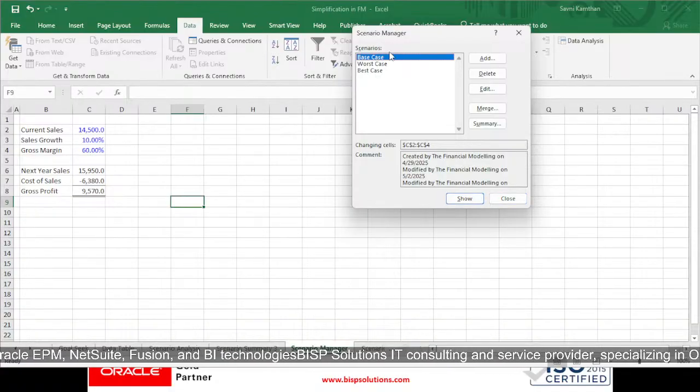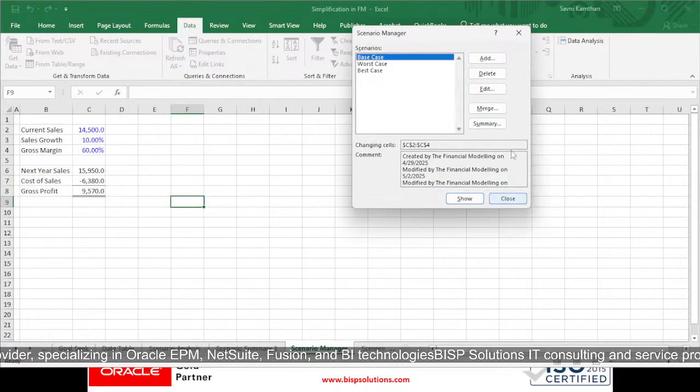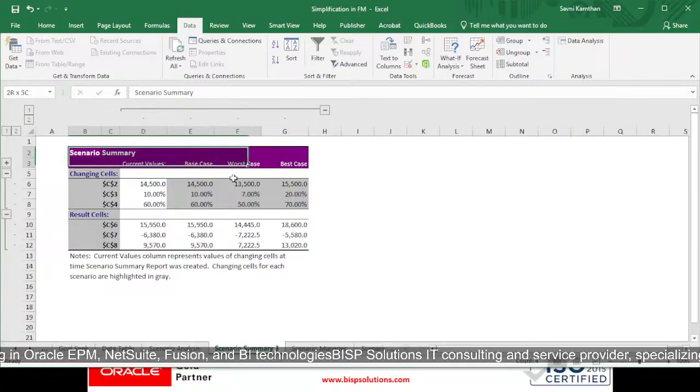Once all these cases are made, you have to click on summary and it will ask you about the scenario summary, where you want to see it. The first option is scenario summary, or scenario pivot table report. So I want scenario summary. If I click on OK, it will show me this in a different sheet.